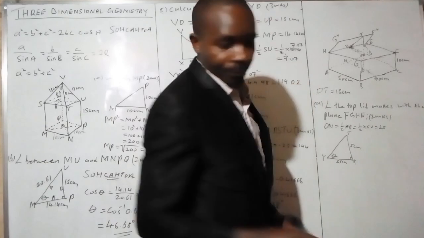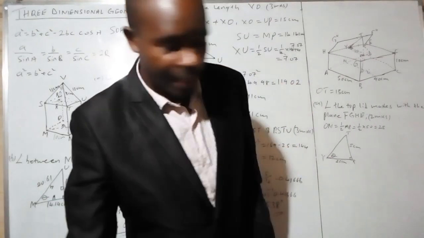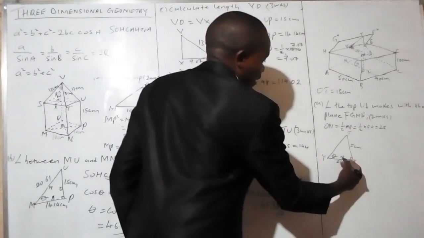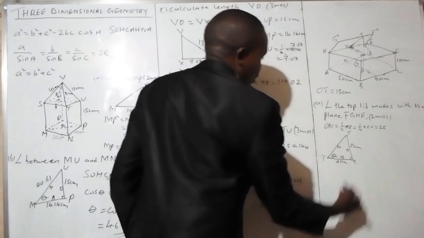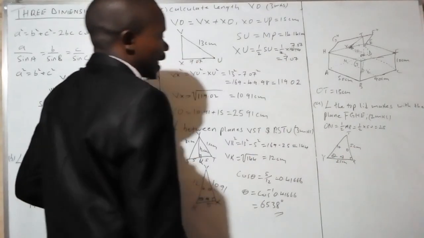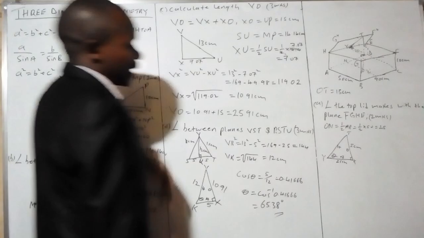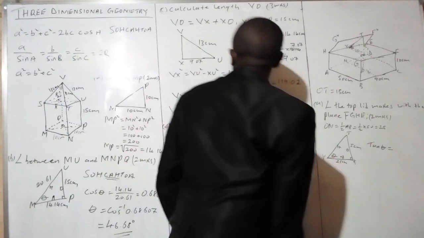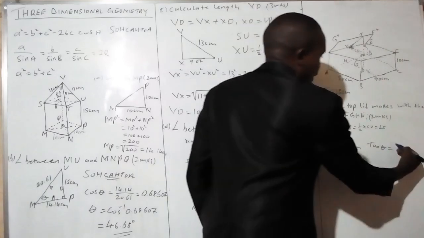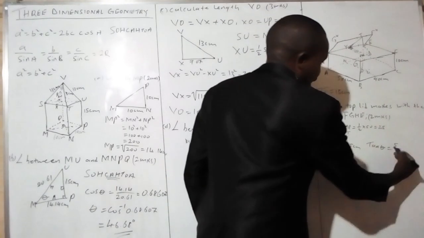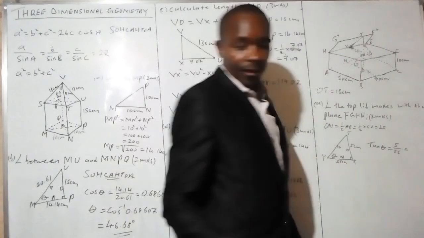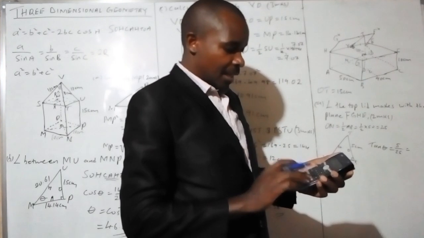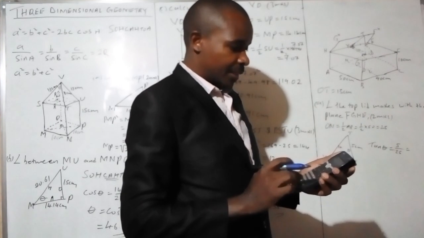We are going to use SOHCAHTOA. This will be adjacent, opposite, and hypotenuse. We use OA, which is tan. We say tan theta is equal to opposite, which is 5, all over adjacent 25. 5 divided by 25 is equal to 0.2.